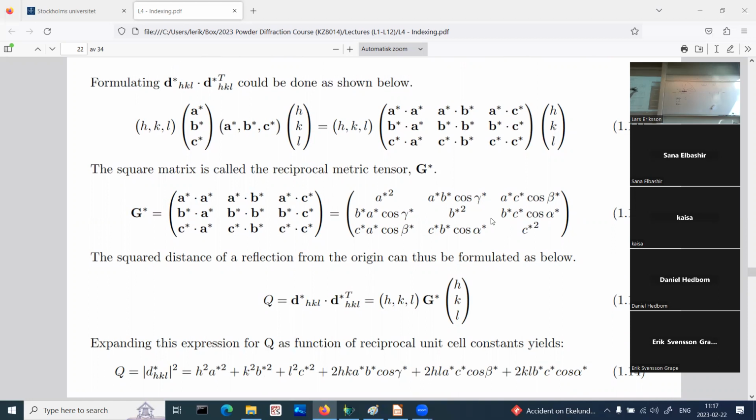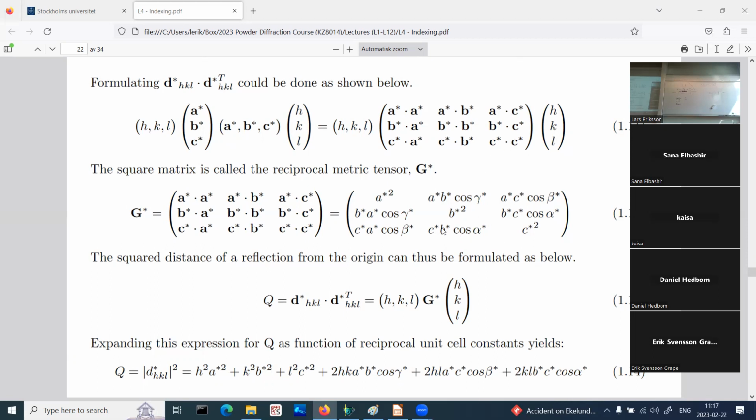Here suddenly there is a matrix appearing, a matrix defined by the reciprocal space unit cell constants. This is called the reciprocal metric tensor, a transformation matrix for a vector HKL to another vector HKL, which happens to be the same, but it's at least a row and column vector.